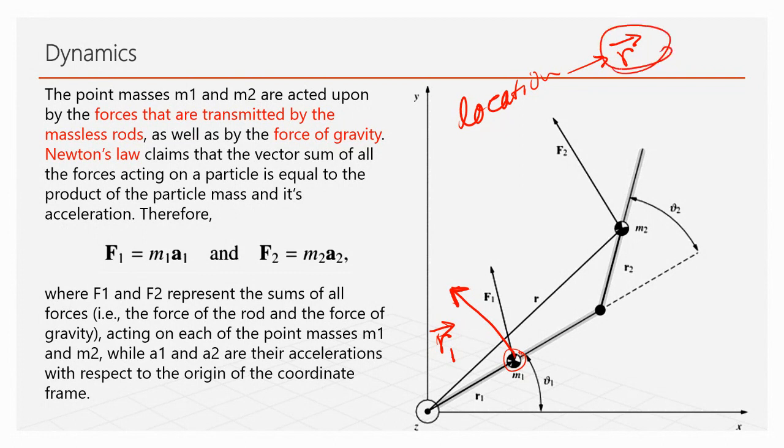So the acceleration of mass 1 as a vector is related to that location. As I said before, it's the second derivative of location in time. So it will be R1 double dot, meaning the second derivative of that vector.